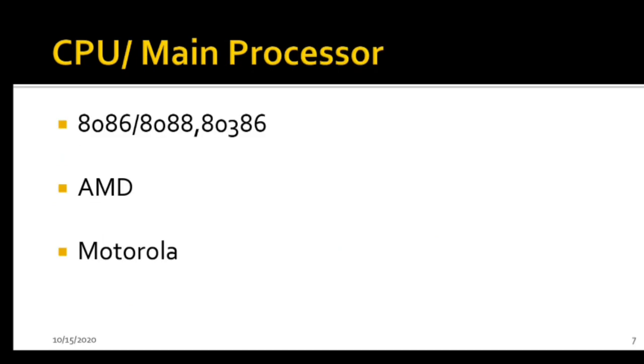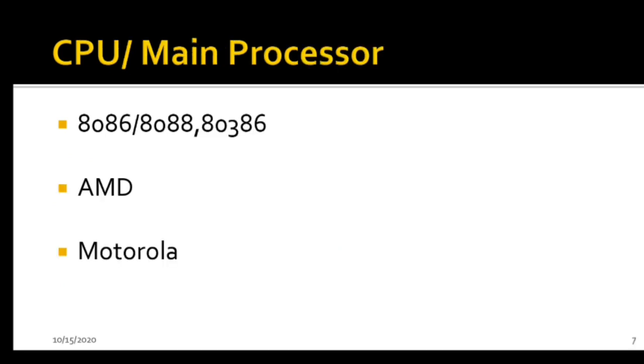As far as CPU or main processor is concerned, you must have heard about a few numbers. These are peculiar numbers like 8086, 8088 or 80386, and many other numbers are there. Then AMD processors and Motorola processors are available in the market. 80286 is a coprocessor.